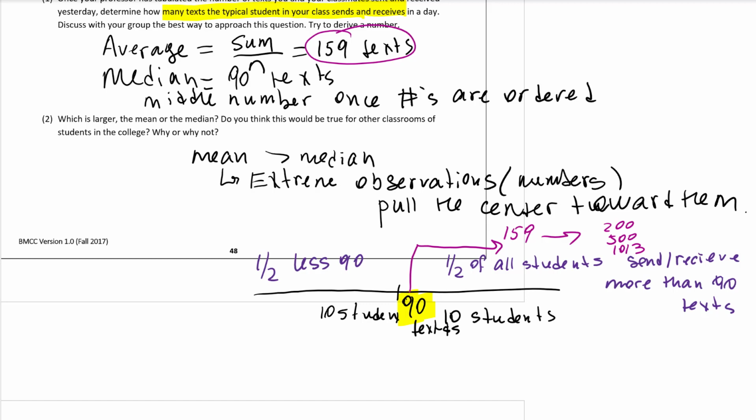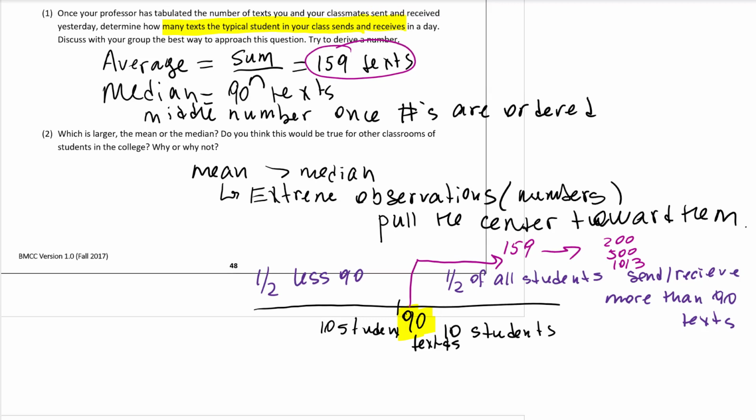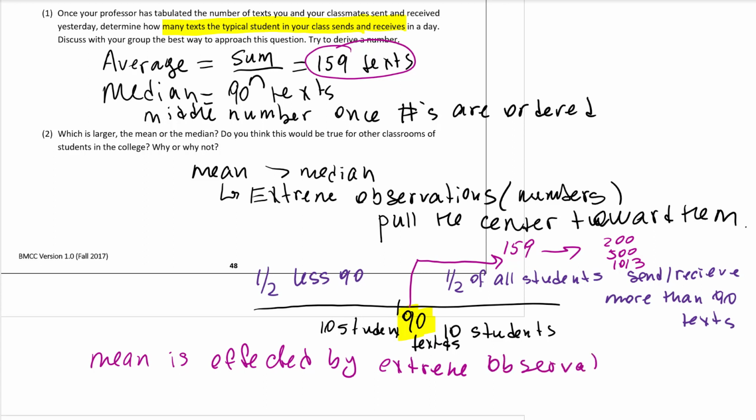So what I would like to point out is that the average, the mean, is affected by extreme observations, while the median is not.